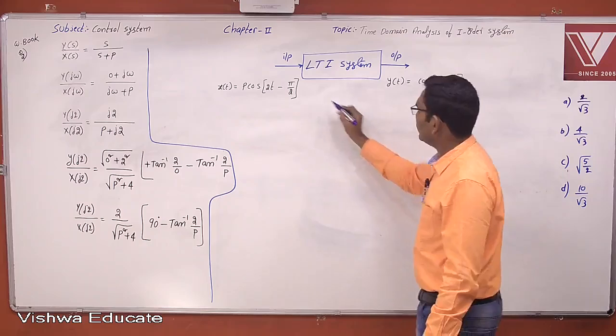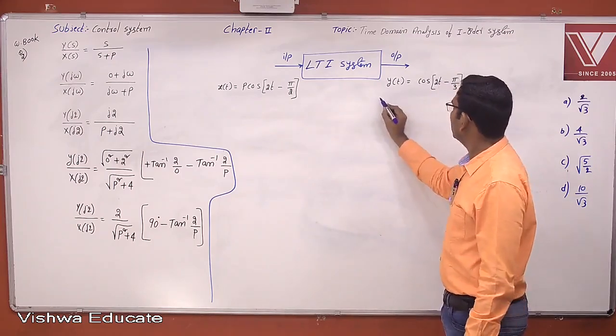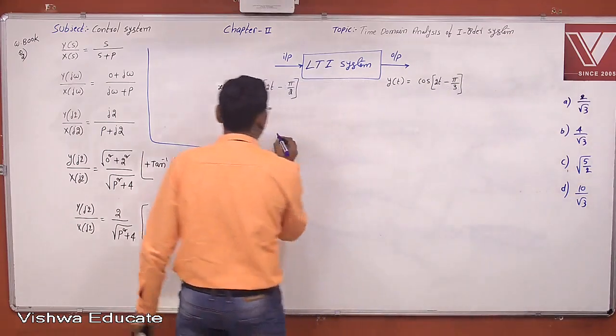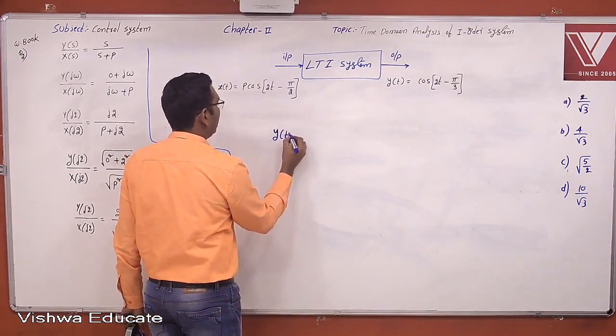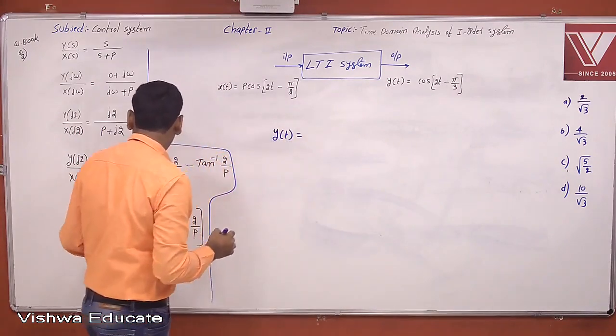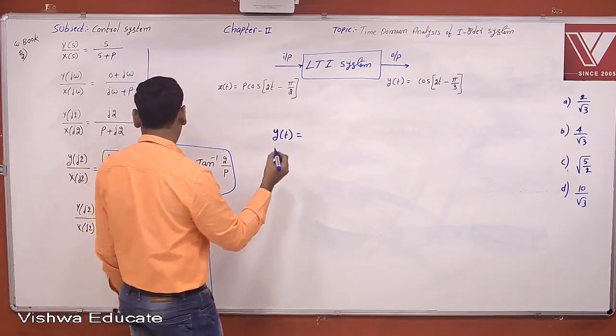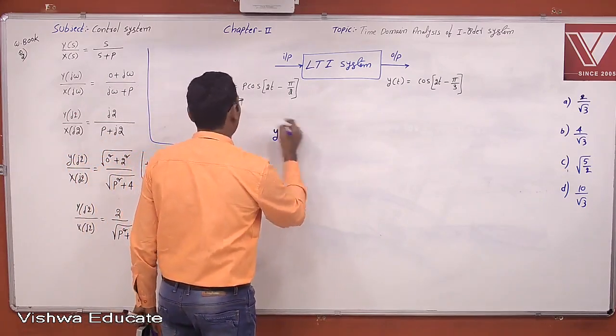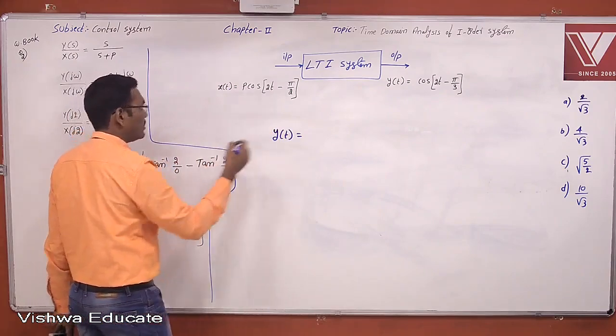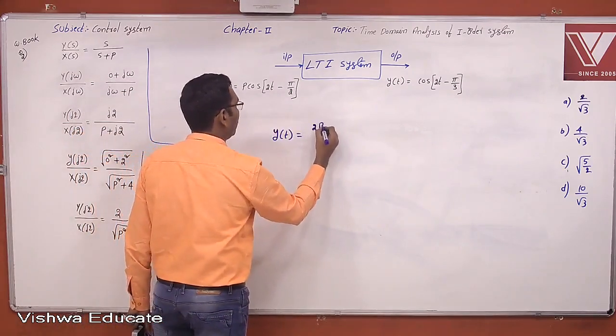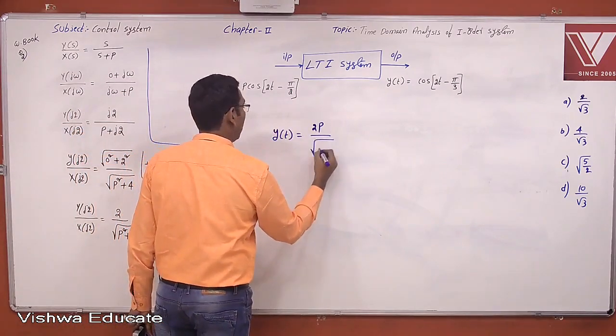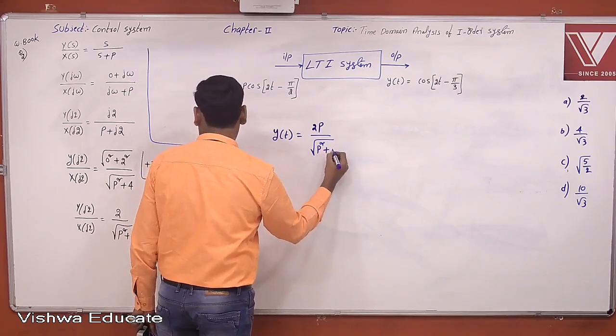Now the output is nothing but the same as that of input, which means that y of t, which is equal to the output, is the same as the input, but now this input p is changing to p by square root of p square plus 4.